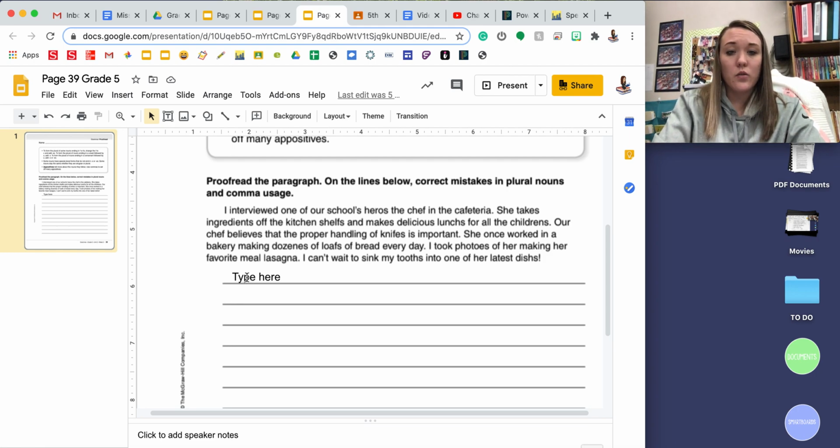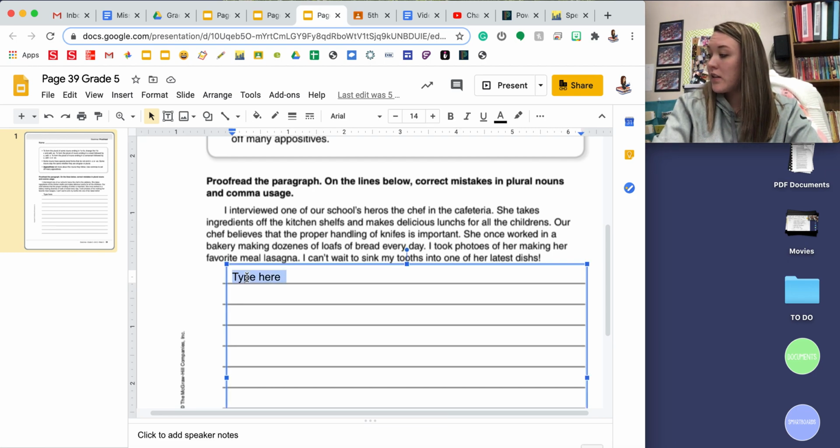This sentence has quite a few mistakes. The first mistake I see is with the word heroes, because I notice heroes, the singular form is hero, and it ends in a consonant and then O. So I need to add ES, not just S, to the end of heroes. I also notice that there's an appositive.